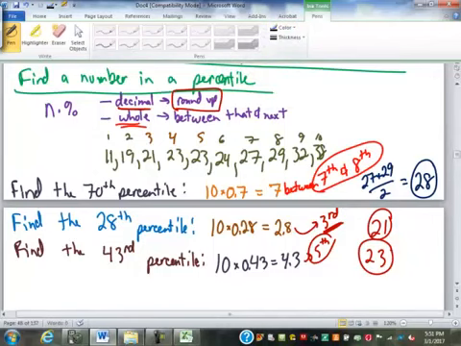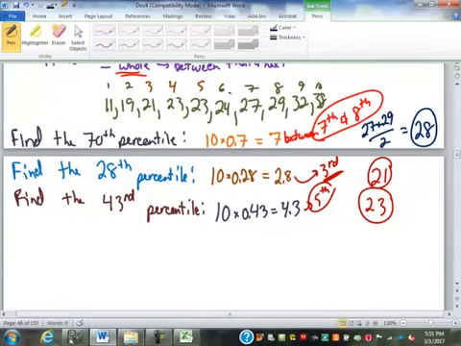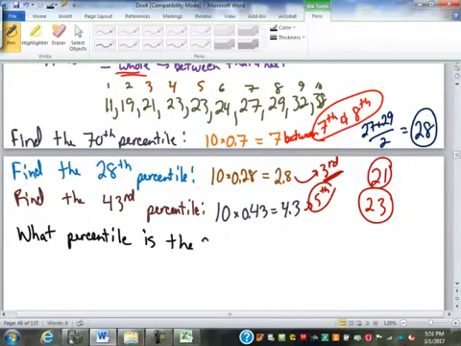So that is finding the number that is in that percentile. Now let's go the other way. What percentile is the 29? So in what percentile is the 29, you could have asked?